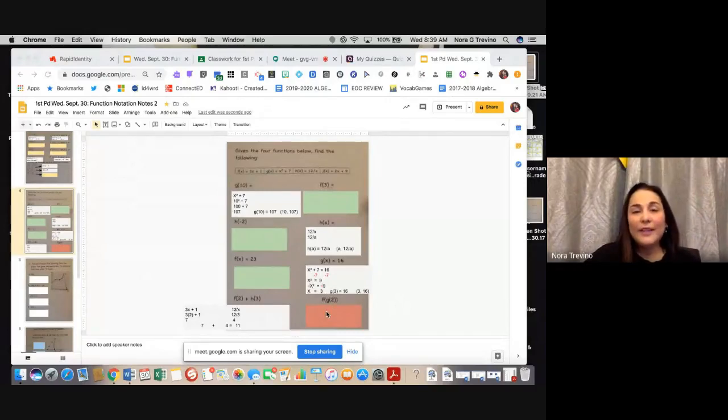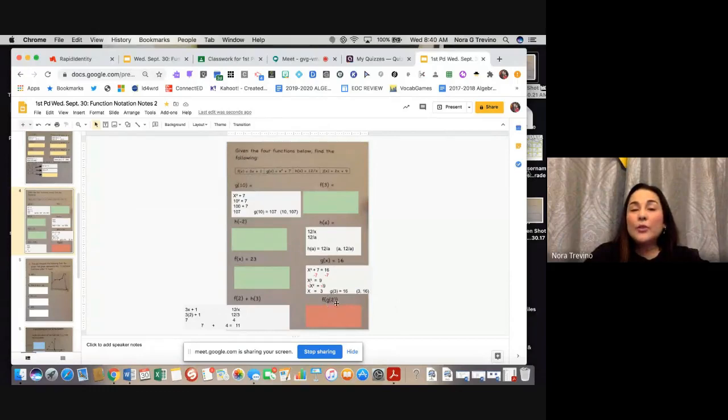For this one, all you have to remember is that you work from the inside out. You work from the inside out. So you're going to ignore the f. What you're going to do is you're just going to focus on the g of 2, the inside. What does g of 2 mean?